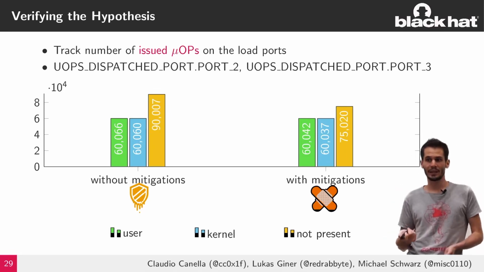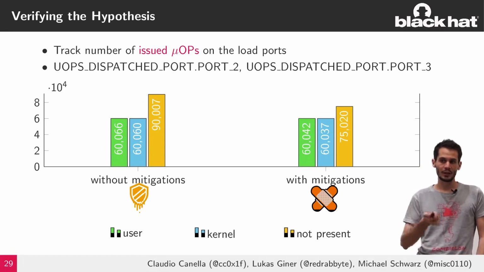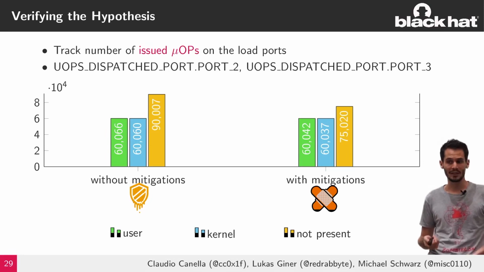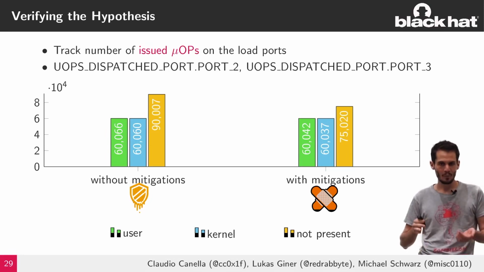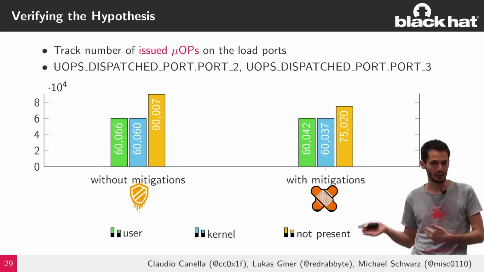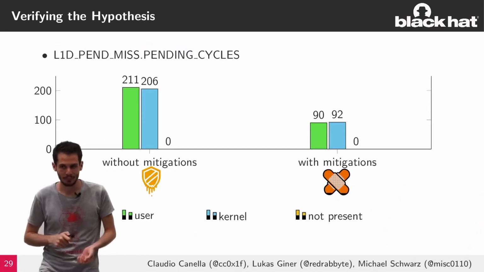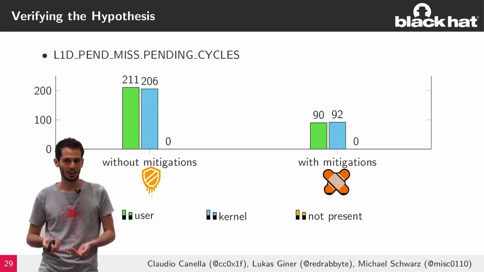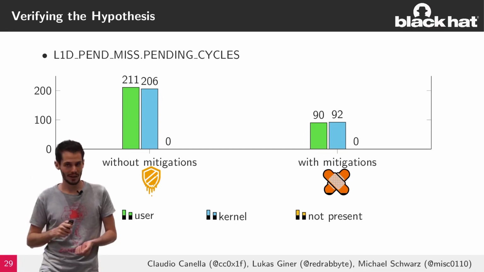We can look at a second counter, the issued micro-ops on the load ports. Again, with and without mitigations, user and kernel address accesses have the same number of micro-ops issued. That points towards our conclusion that loads still happen in the background, they're just zeroed out. Just to be sure, we try a third measure: when an access misses the L1, we look at the pending cycles counter.